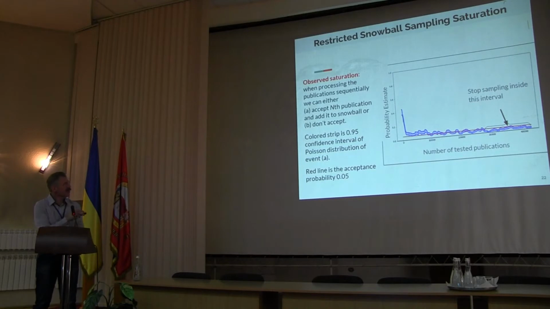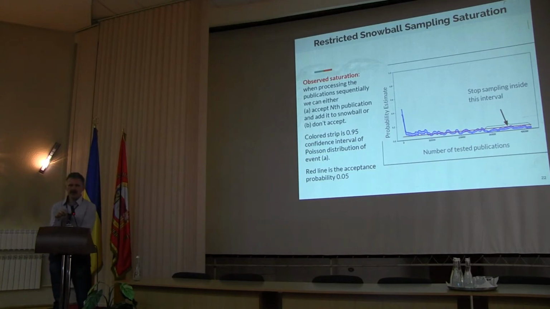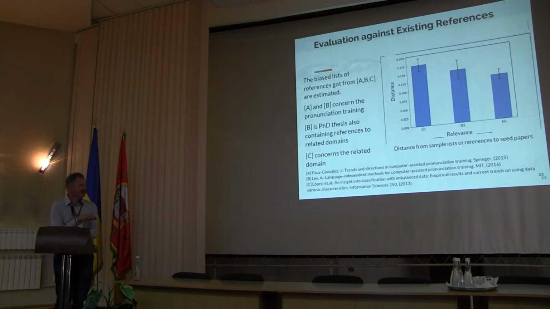On the plot we see that after about 30,000, the probability of detecting new papers is very small, so we can stop our sampling at this point, and we can be sure that with a probability of 5%, we cannot find new papers. So saturation is reached.